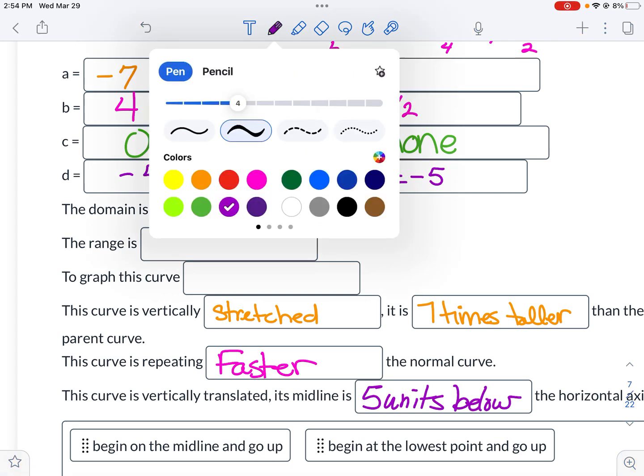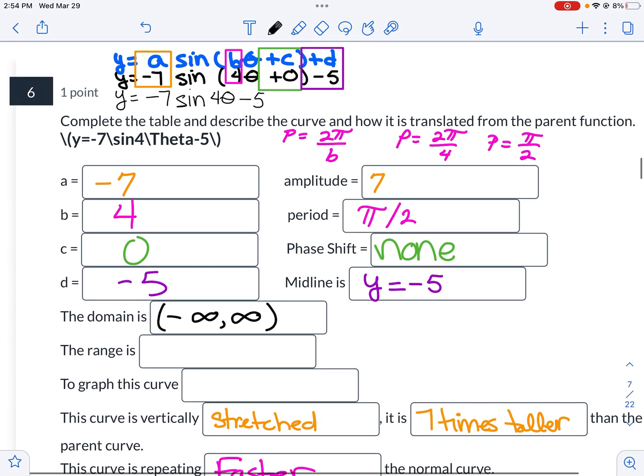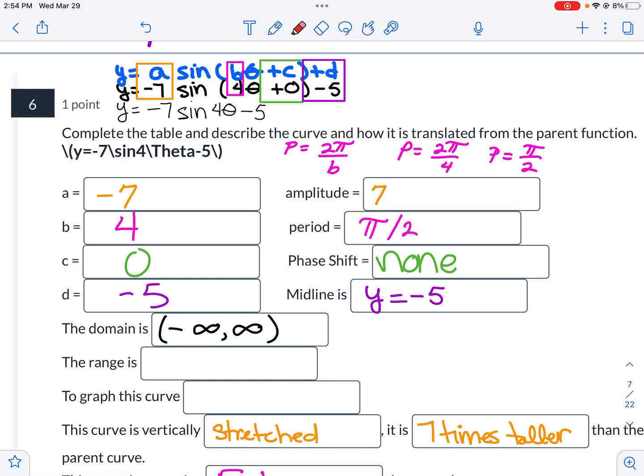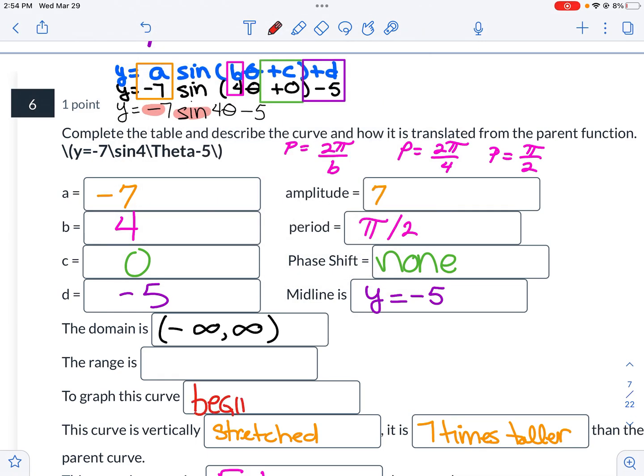The domain never changes. The domain is -infinity to infinity. Because this is a negative sine, it is going to begin at the midline and go down.